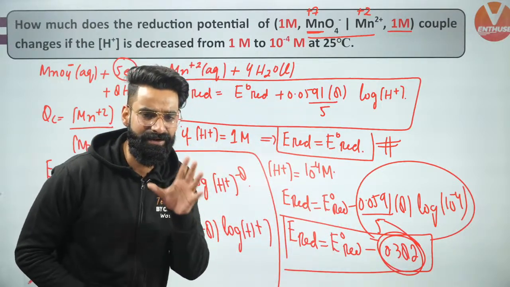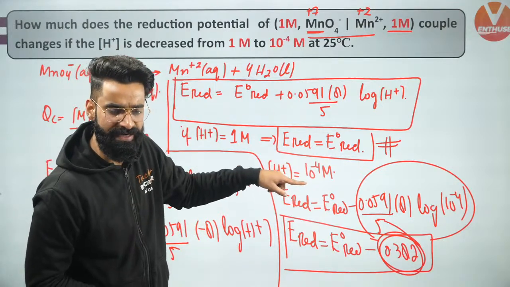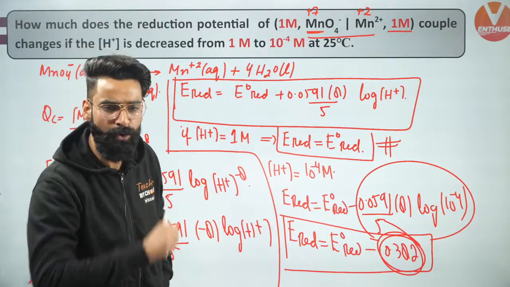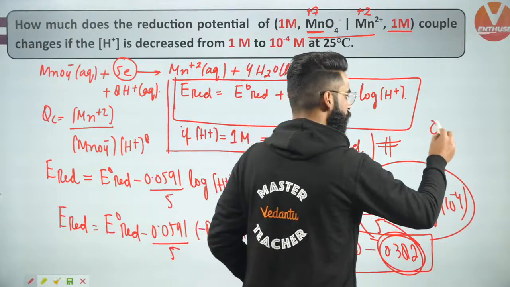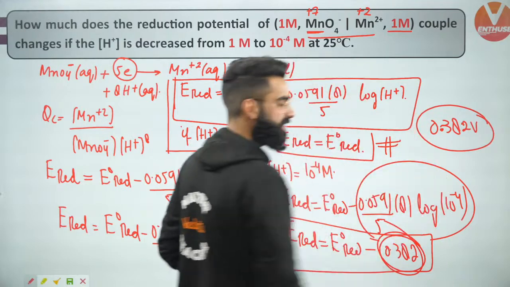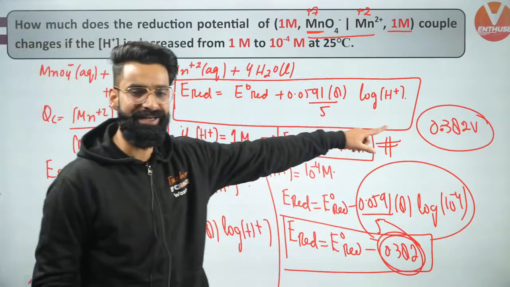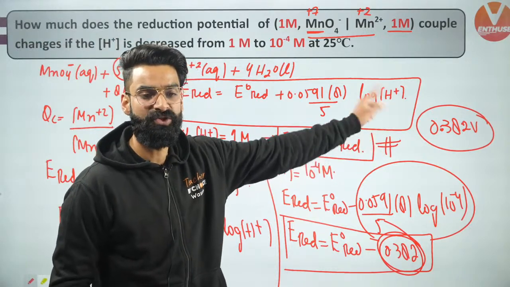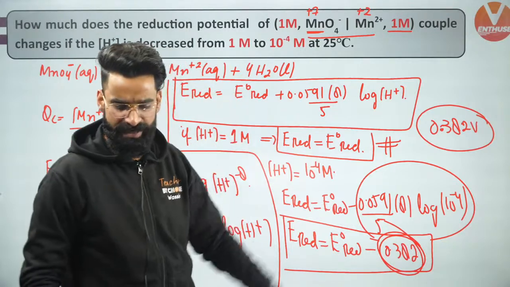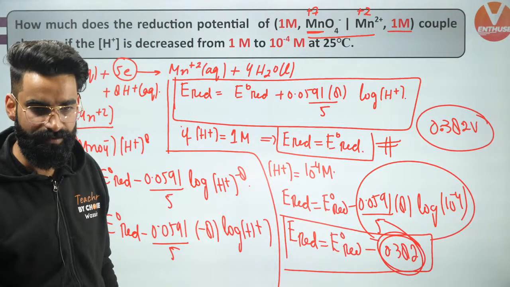So I can say right here, on changing the concentration of H positive from 1 molar to 10 to the power minus 4 molar, the reduction potential is decreasing by 0.382 volts. Yes. So this is something which we are supposed to calculate. How much does the reduction potential decrease? Yeah. So reduction potential is decreasing by 0.382 volts when the concentration of H positive is changing from 1 molar to 10 power minus 4 molar right here. Correct?